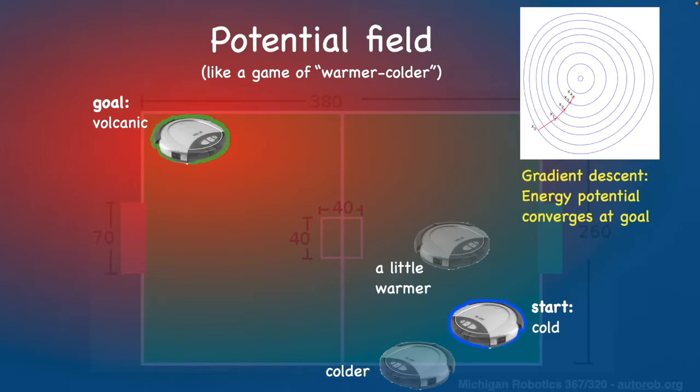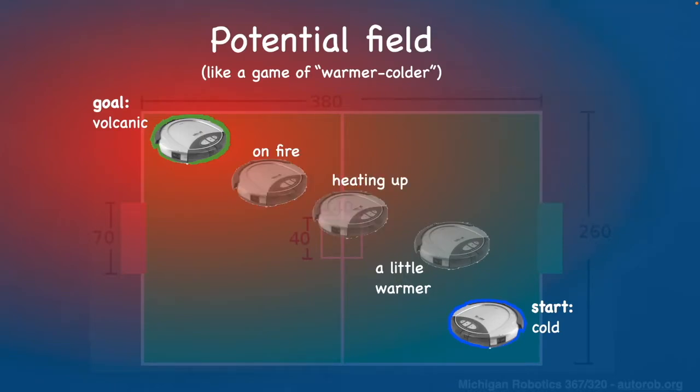Using gradient descent, what we would like to see in this example is that the robot would continually move towards that warmer location until it finally reaches the point in configuration space which corresponds with the maximum potential, which would be at the goal location.